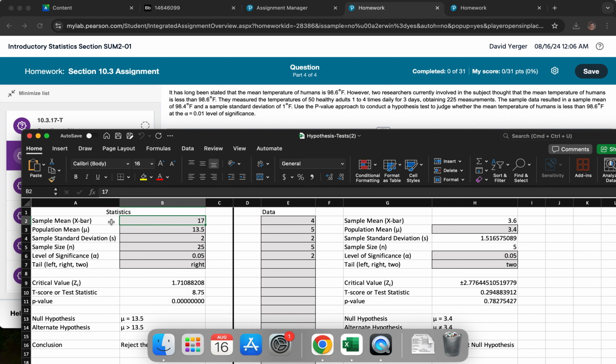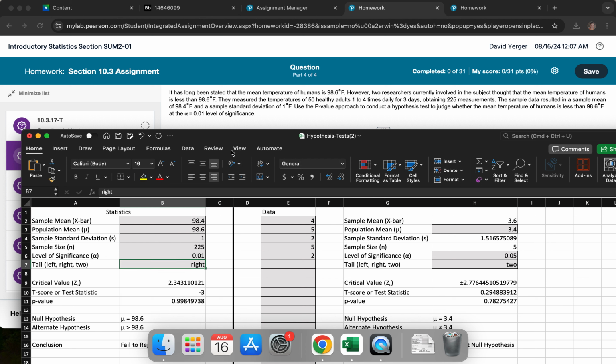So the sample mean, they say, was 98.4. The population mean, what it normally is, 98.6. The standard deviation was just 1 degree. Sample size in this case is 225. And we're using a 0.01 or 1% level of significance.